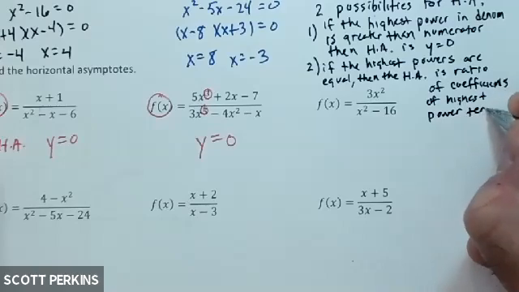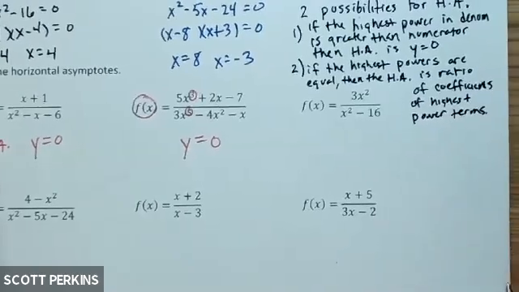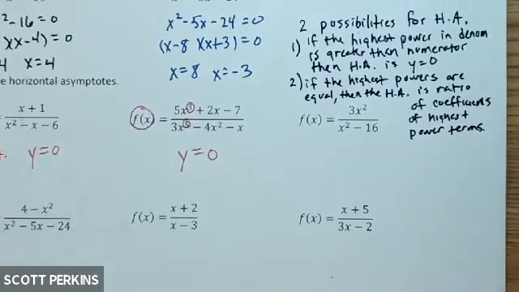And that is a lot of writing for something that is going to turn out to be fairly simple, I think. And if I'm wrong, please let me know. So if the highest powers are equal, then the horizontal asymptote is the ratio of the coefficients of the highest power terms. So I'm going to do the third problem, and then I'm going to give you a minute or two to find the horizontal asymptote of the other three.